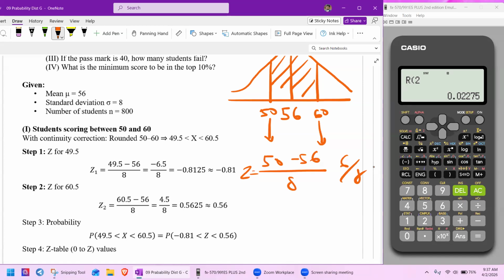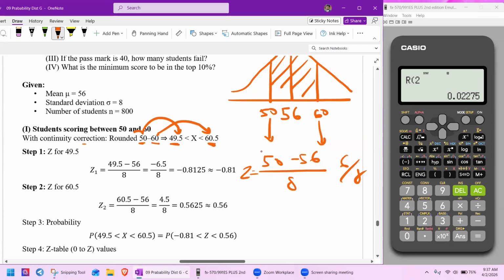It's given as integers, but with the continuity correction we have to adjust 50 and 60. Here these integers have boundaries: we make 50 into 49.5, and 60 into 60.5. Earlier we studied grouped data, upper boundary and lower boundary. So the lower boundary is 49.5 and the upper boundary 60.5.